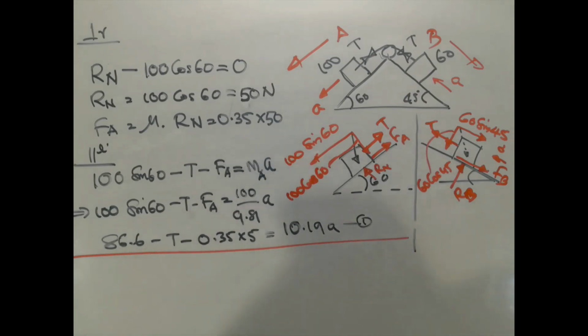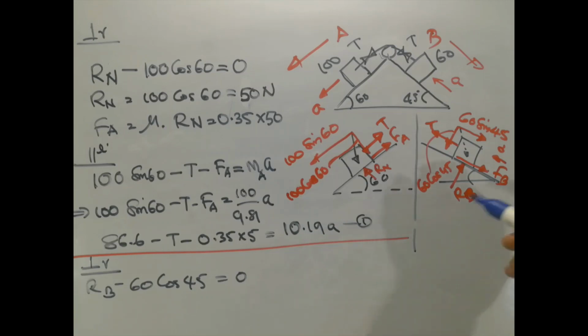Let us consider block B. First we will consider the forces perpendicular to the plane. What are the forces perpendicular to the plane? Normal reaction RB and 60 cos 45. So RB minus 60 cos 45 equal to 0. Why is it 0? Because there is no motion perpendicular to the plane. So these two forces must be equal.